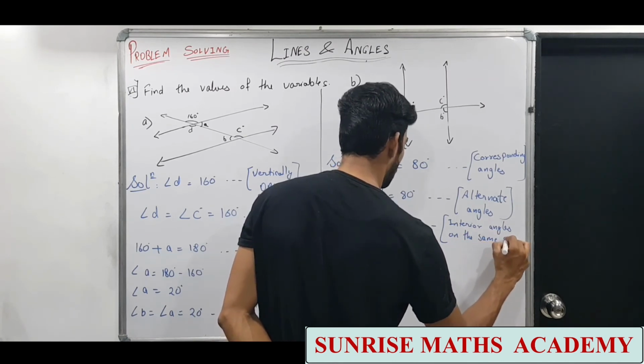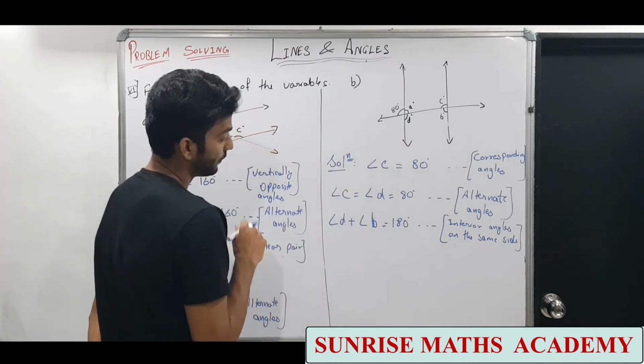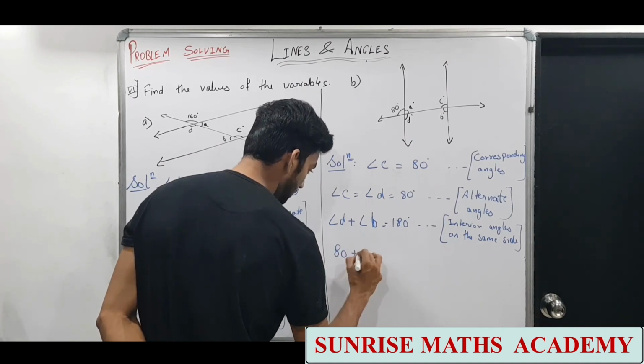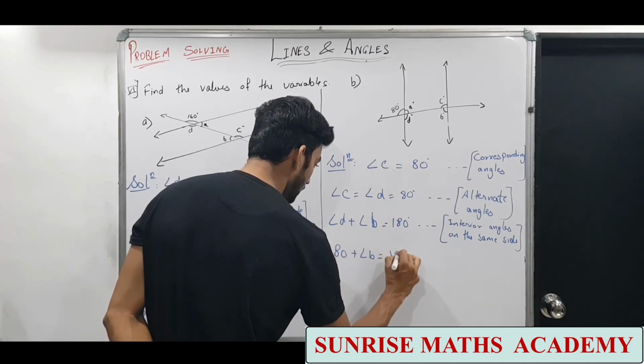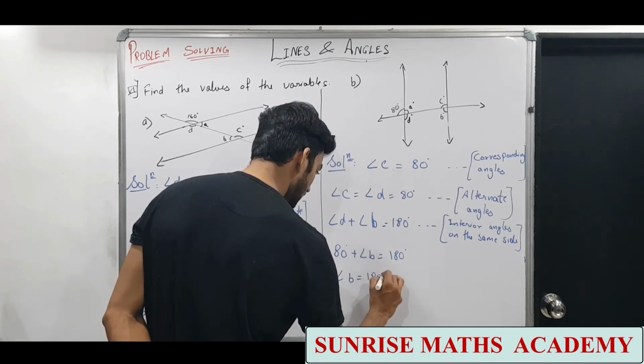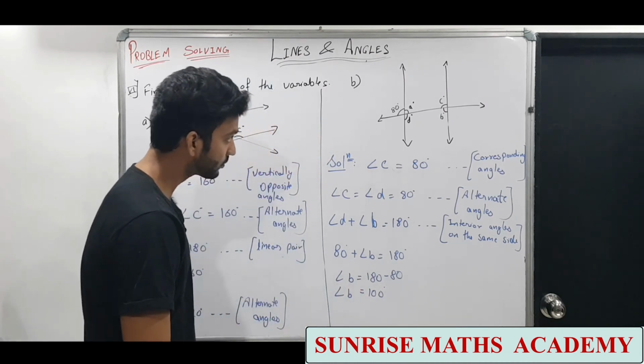So we have D, we have to find B. D is 80 plus angle B equals to 180 degree. So angle B equals to 180 minus 80, that is 100 degree. So angle B is 100 degree.